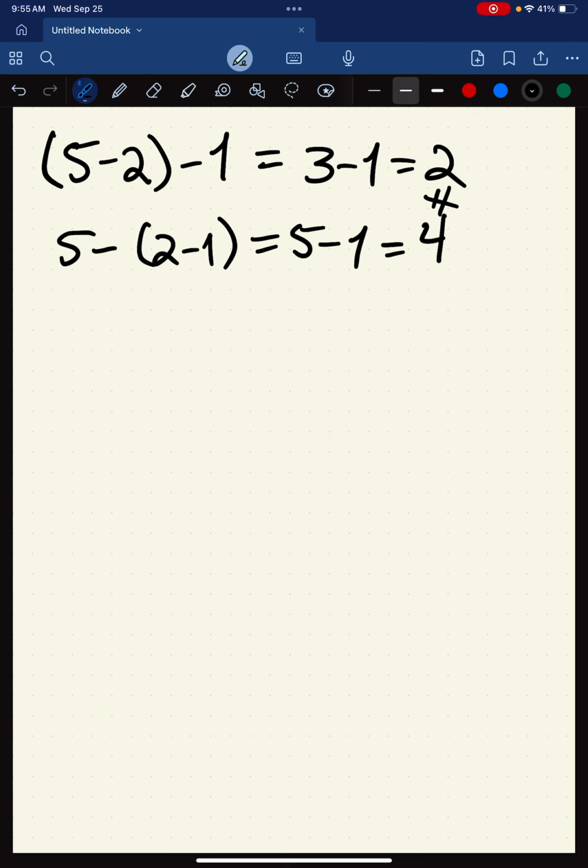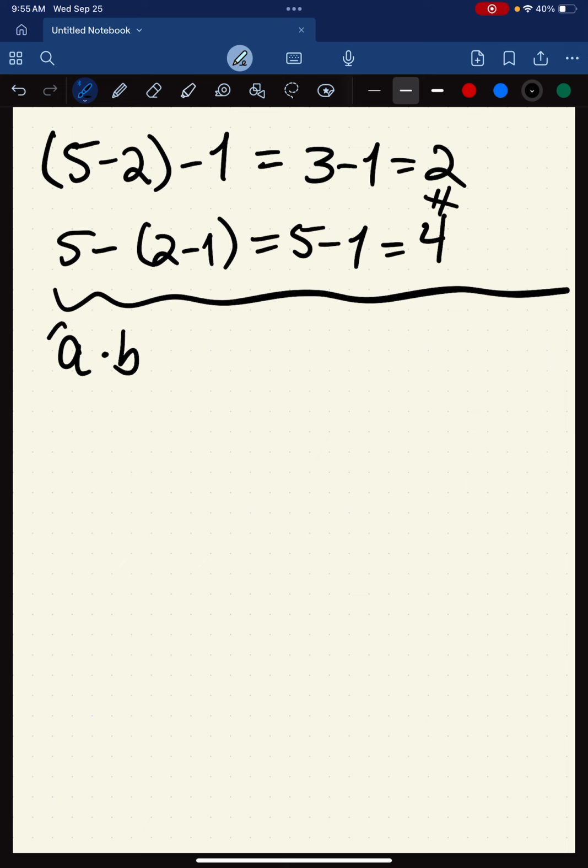And just as you would expect from working with real numbers in the past, we have the same thing for multiplication. So a times b all times c is the same thing as a times b times c.